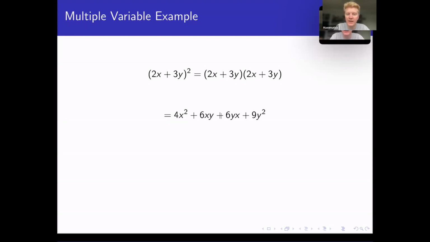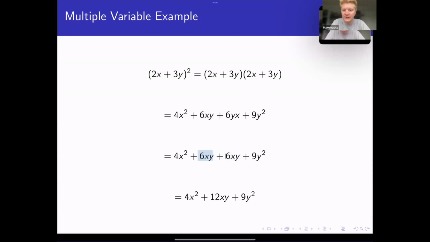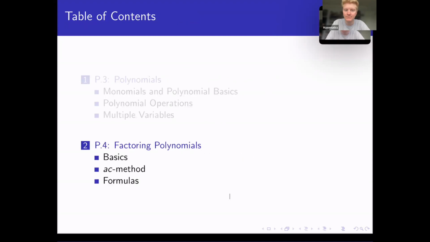Again, xy is the same as yx, so we get 12xy. Same set of variables, we can combine them. 6 apples plus 6 apples gives us 12 apples. Okay, and just like that, that's the end of P3.